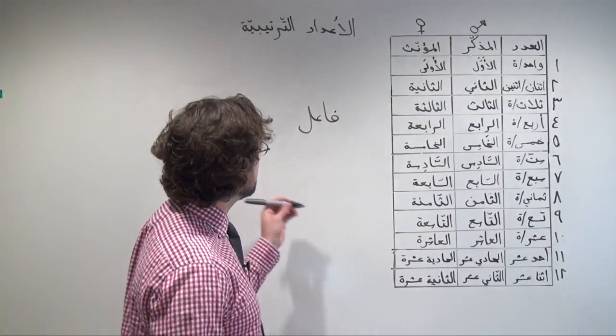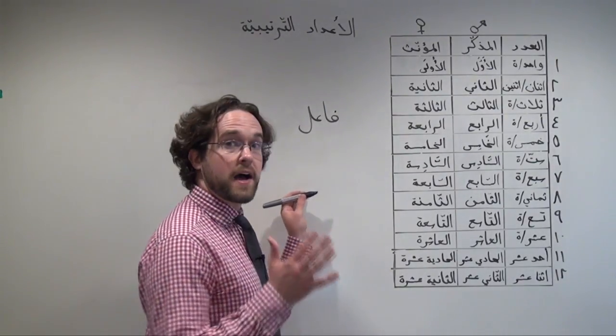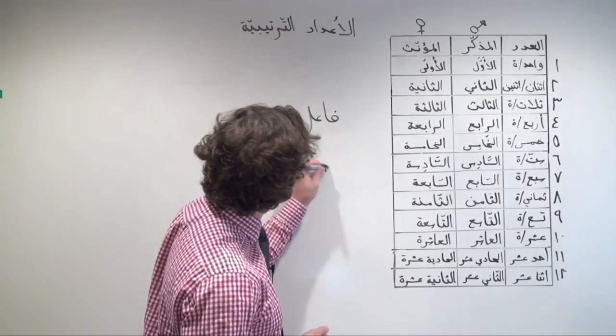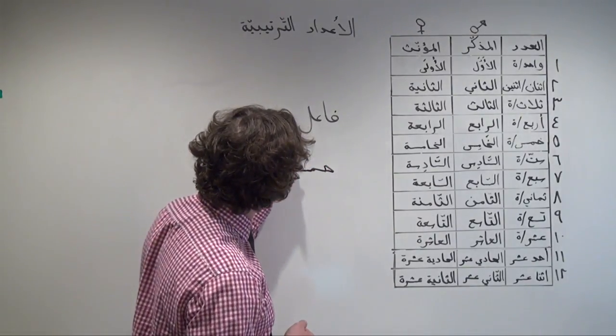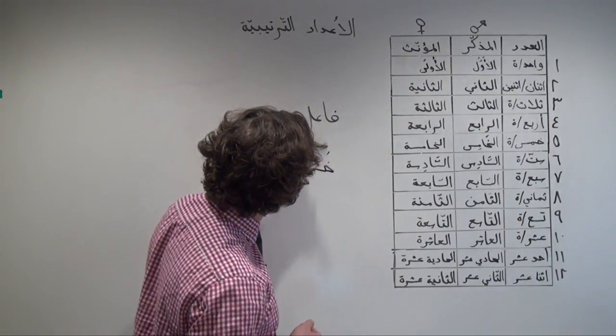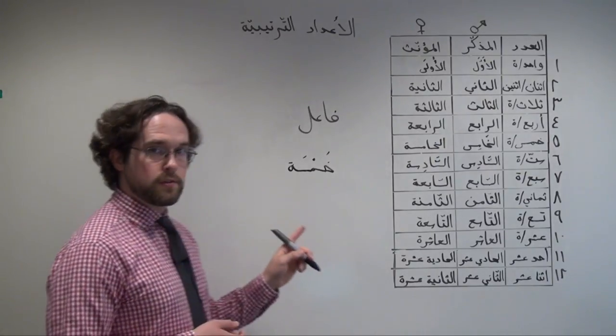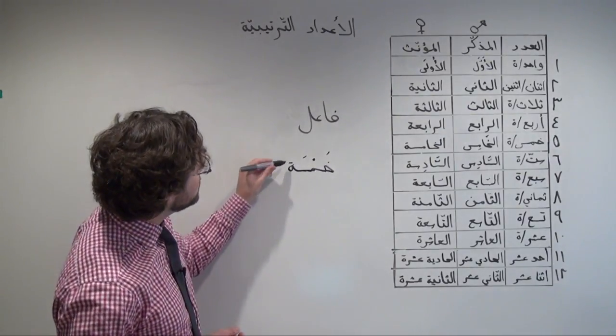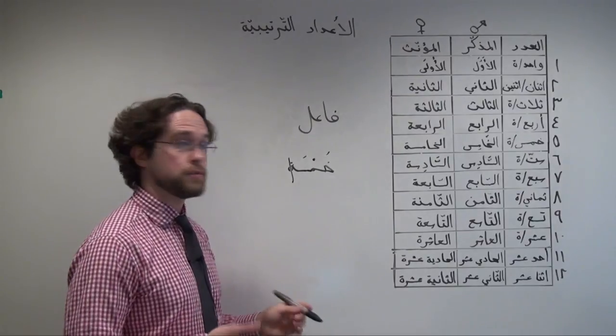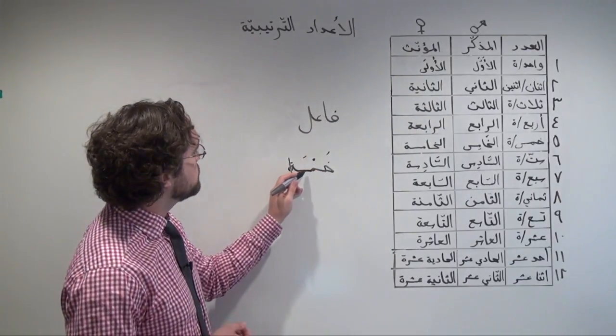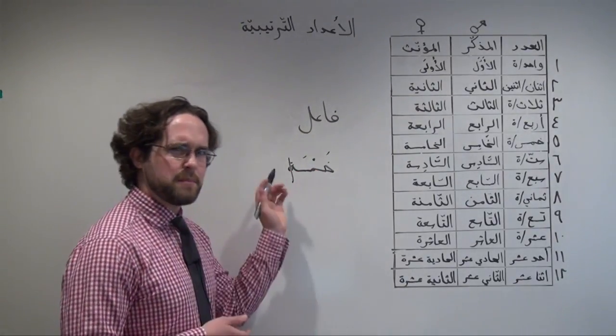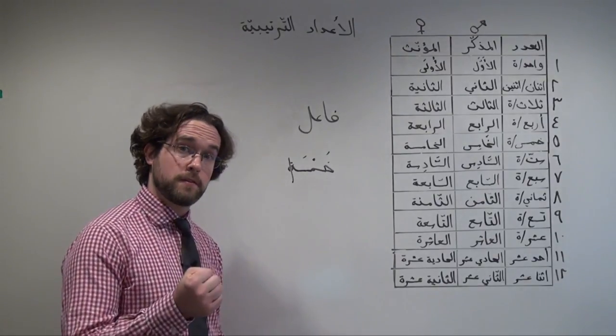For example, if we take the number 5, you probably learned to count it as khamsa. And if we look for the jadr, right, the tri-consonantal root, it's pretty easy. We know ta marbuta can't be part of a jadr. So we have kha, mim, sin. Again, khamsa means 5, but we want to say fifth.